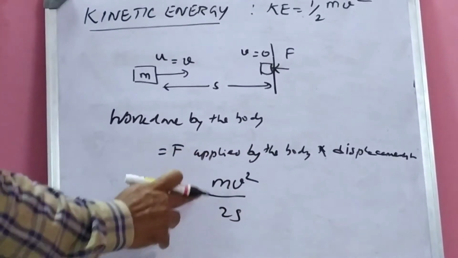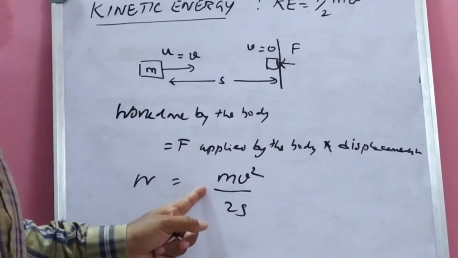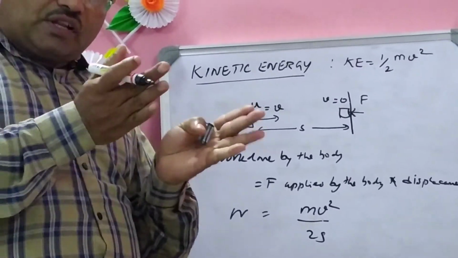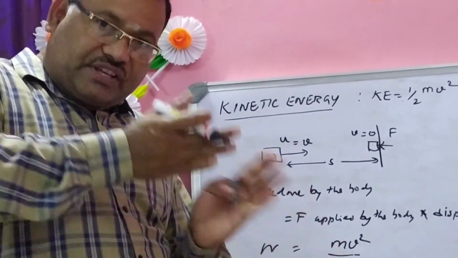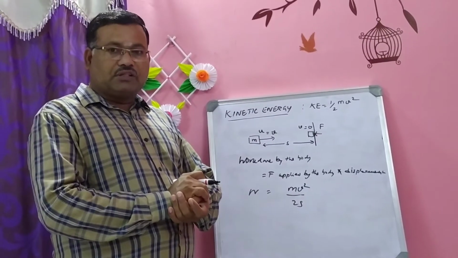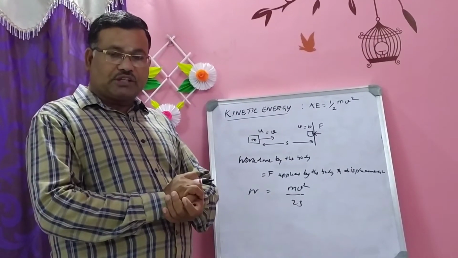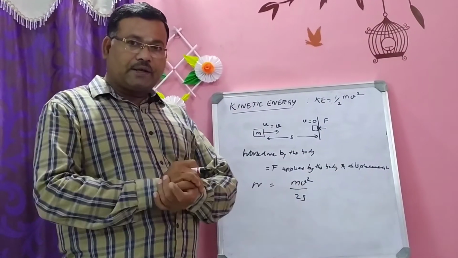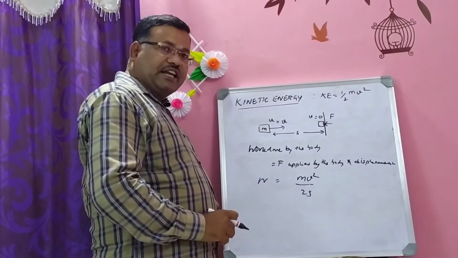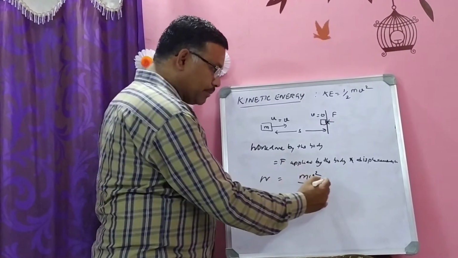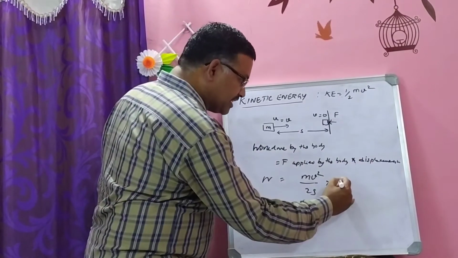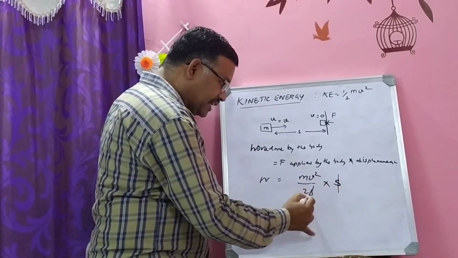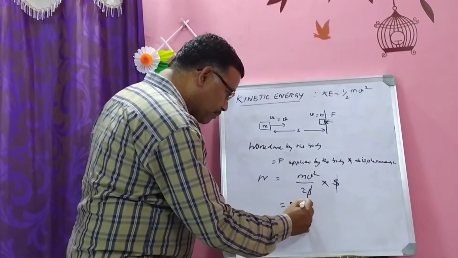Acting on the body it is minus mv square by 2s, applied by the body it is plus mv square by 2s, according to Newton's law of motion. It is plus mv square by 2s into displacement s. By cancelling s and s, we will get mv square by 2.